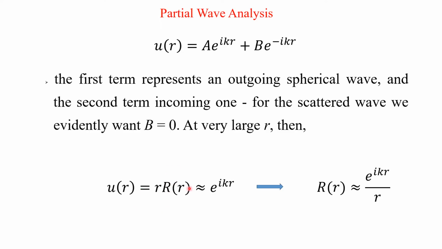The reason for replacing R by u of r, I have explained in my previous lecture on the radial equation, so you can refer to that. Here I have taken A as 1. Hence, the radial part of the wave function will become R of r approximately equal to e power ikr over r.